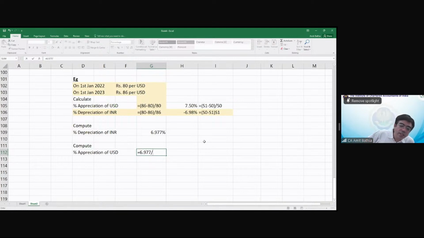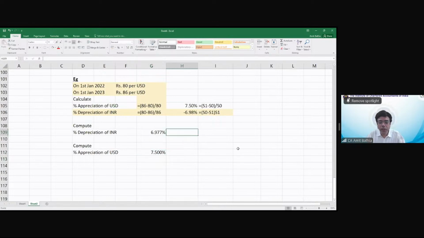So that will be in the numerator upon. Now, since this is depreciation, what will be the new value? 100 plus 6.977 or 100 minus 6.977? Minus 6.977, right? So it will be 100 minus 6.977 because it is depreciation. So I'll get 7.5%. Are you all getting it? Yes? Yes, sir. All right.